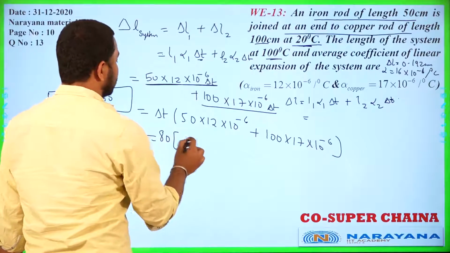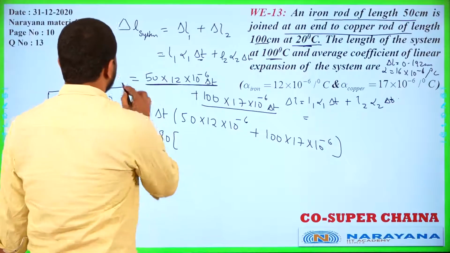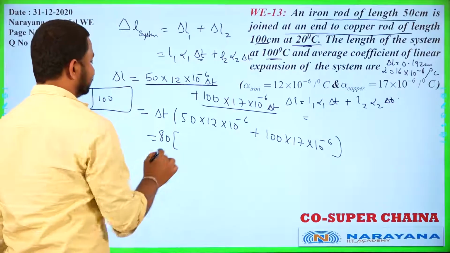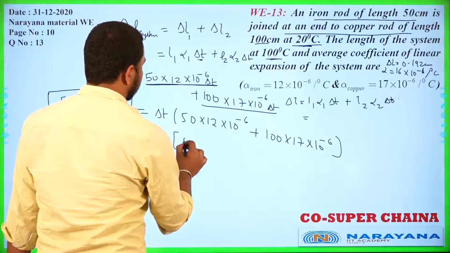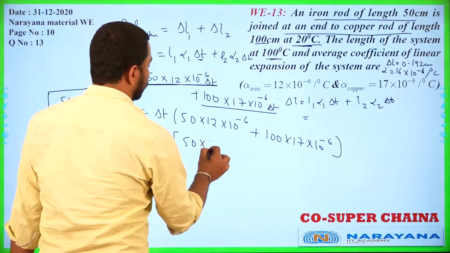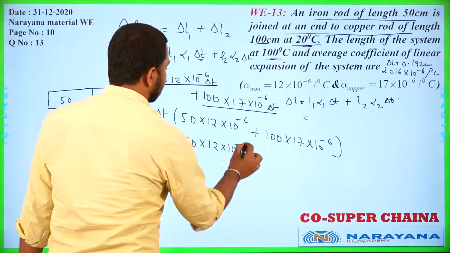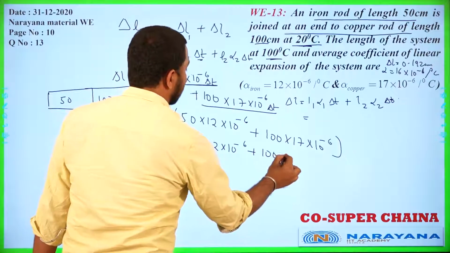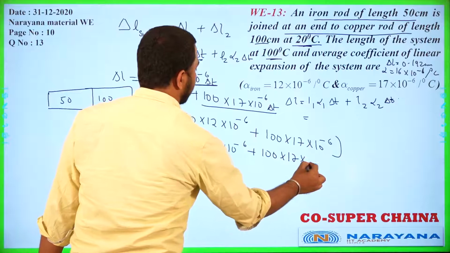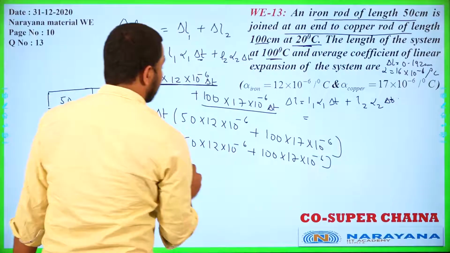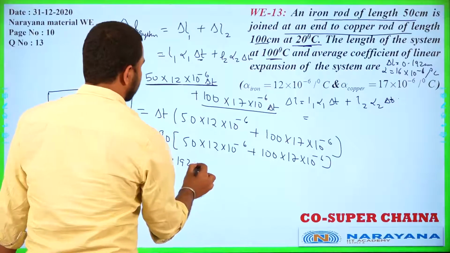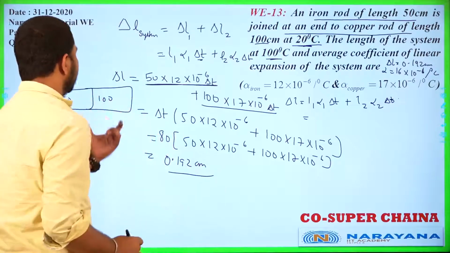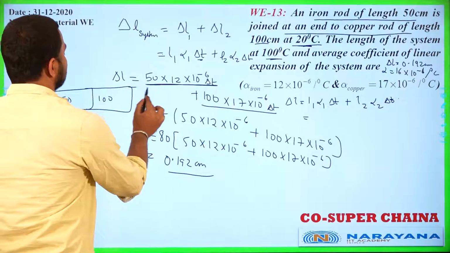So 80 into this, if you simplify it, you will get the delta L of the system, which will be equal to 0.192 centimeter. And that will be my overall expansion of this one.